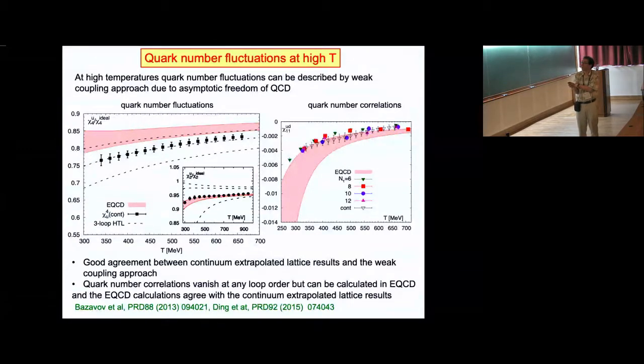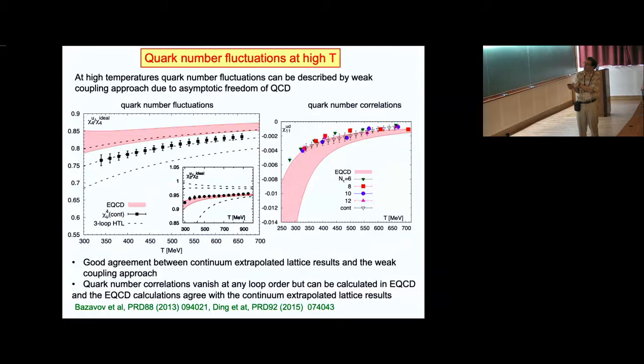And once again, one sees that we have a pretty good agreement between the HTL calculation and the lattice results. Now you have 3 lines here, which indicate the scale uncertainty in the hard thermal loop results. The central value is 2 pi T, which agrees very well with the lattice results, and the other 2 lines are a scale variation by a factor of 2.